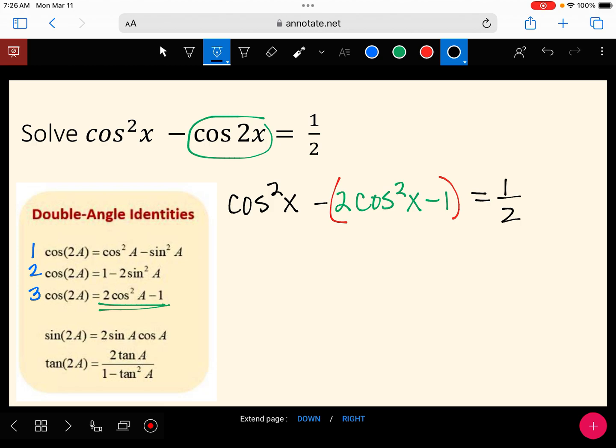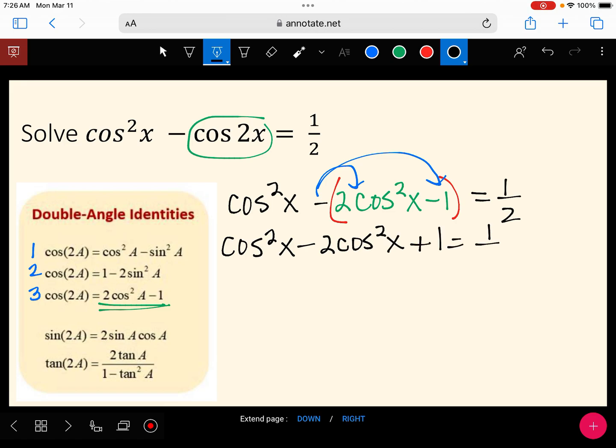All right, so now we need to distribute that negative. These are like terms.